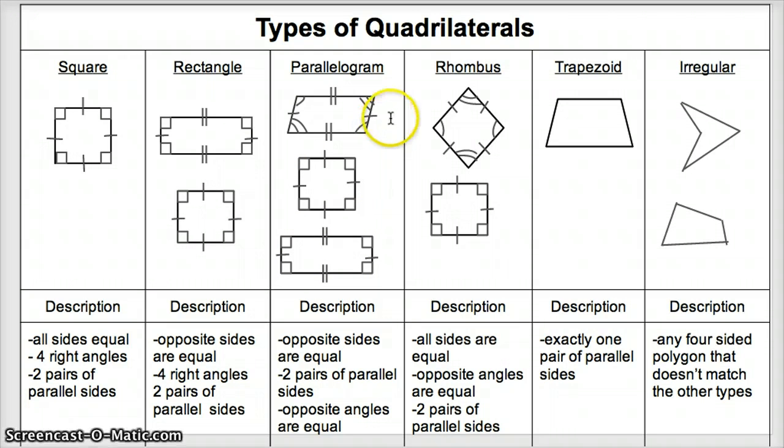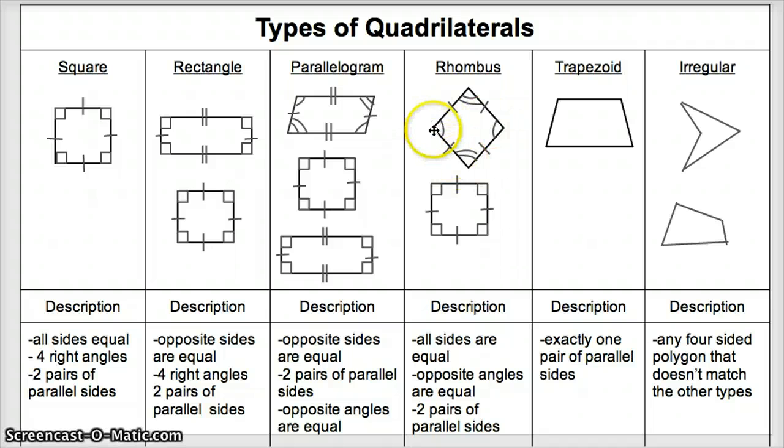Next one is a rhombus, which kind of looks like a diamond. In a rhombus, all sides are equal. Opposite angles are equal. 2 pairs of parallel sides. So all sides have to be the same length. Opposite angles equal. That's equal to that. That angle is equal to that angle. And 2 pairs of parallel sides.